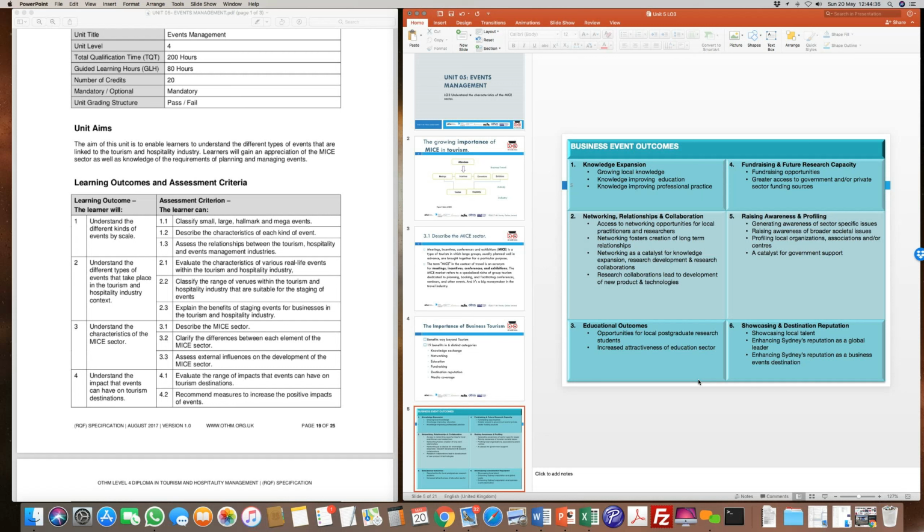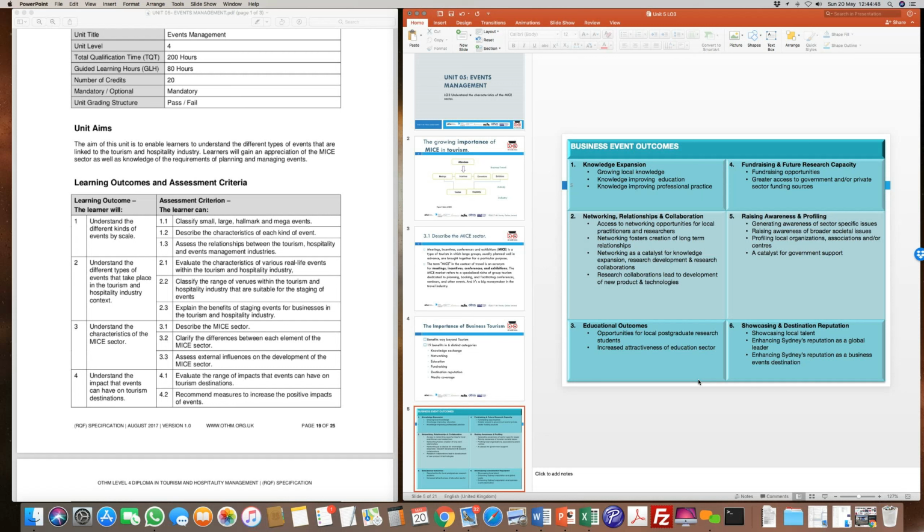So this particular slide looks at putting together some of the benefits and quantifying those benefits of why MICE as an event, as a whole function, is put together around the travel, tourism, and hospitality industry. Is that okay?